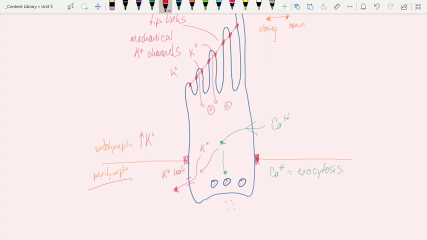And because the bottom of the cell is in perilymph and the concentration gradient for potassium is now different because perilymph is so low in potassium concentrations, potassium wants to leave the cell. So in this scenario, we have one ion, potassium, that simultaneously depolarizes the cell from the top end and then repolarizes the cell from the bottom end.